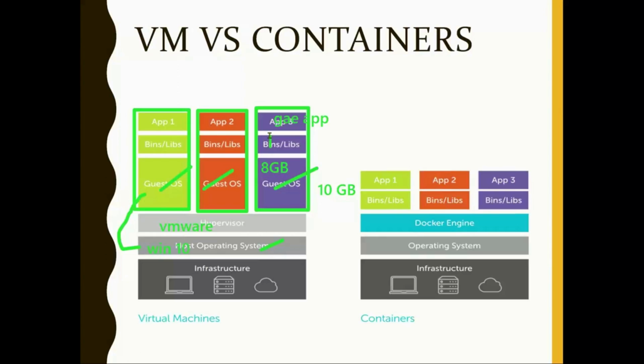Because it has got its own full-fledged operating system, it just works like a normal machine. It can start, it can shut down, it can boot. But because it has got its own operating system, it is very heavy and huge.